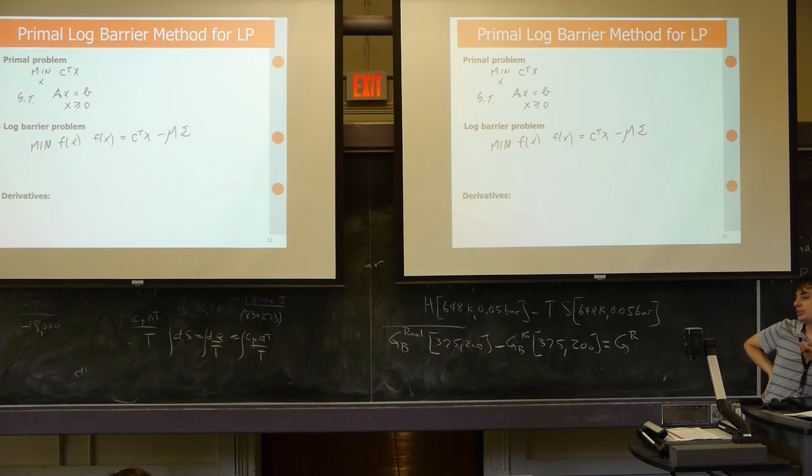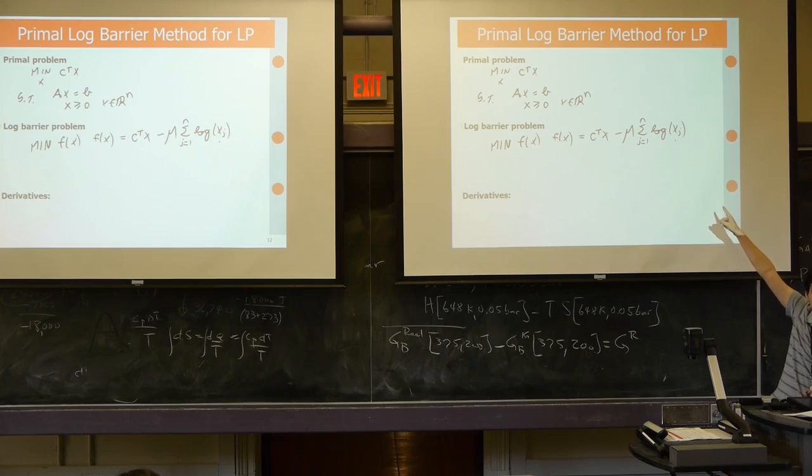So let's put a log barrier function on x non-negative first. x is in the n-dimensional space. This is an inequality constraint, right? x is non-negative. Ax equals b is an equality constraint, and that is what makes you hesitate, right?